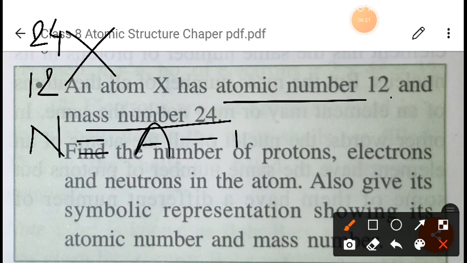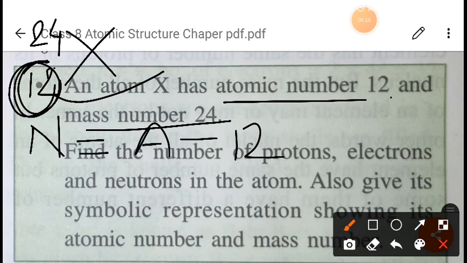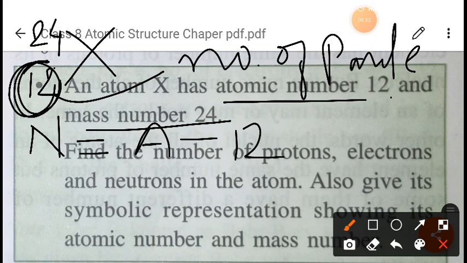The atomic number is 12 here. Because Z is the atomic number, and it is equal to the number of protons and electrons. So the number of protons is 12 here, and the mass number is 24.